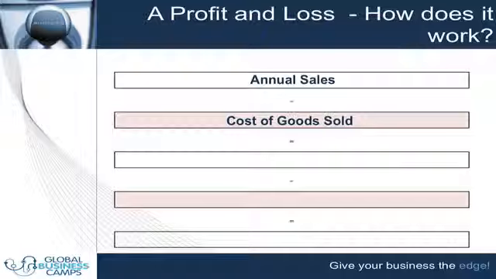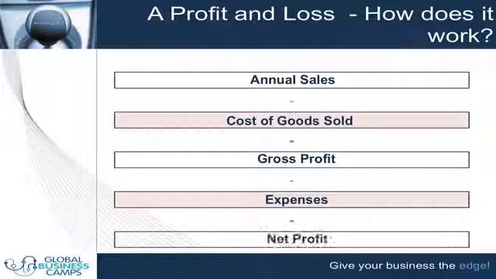So if you know what I mean, the profit and loss that I've got on the screen pretty much relates to most businesses. From that we get our gross profit. After the gross profit, you've got to take away all your expenses, whether it's rent, advertising, bank charges, interest, and so forth. We then have a net profit, and hopefully it always is a net profit, but in some instances there are net losses. And we need to obviously get in there and do something about that pretty quickly.